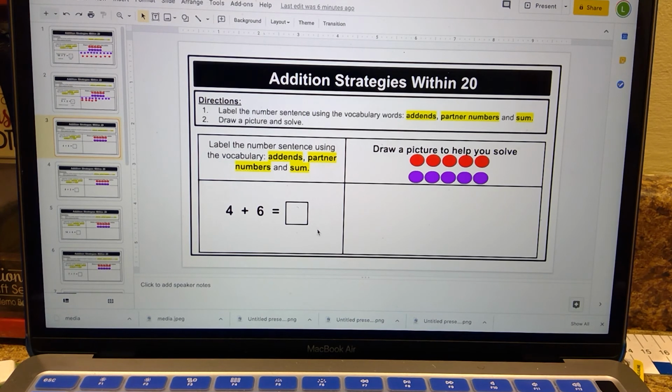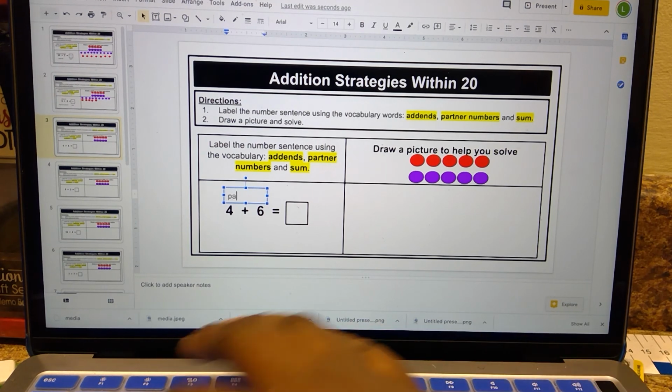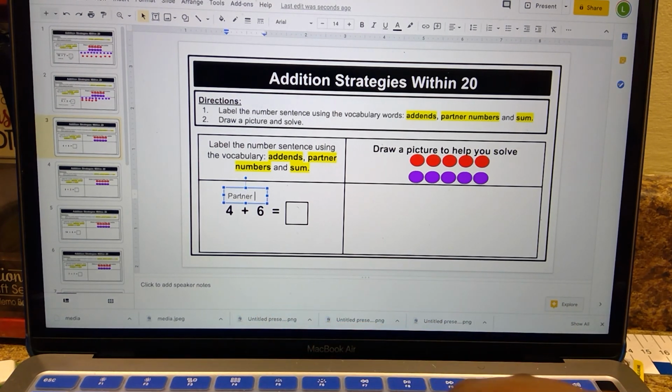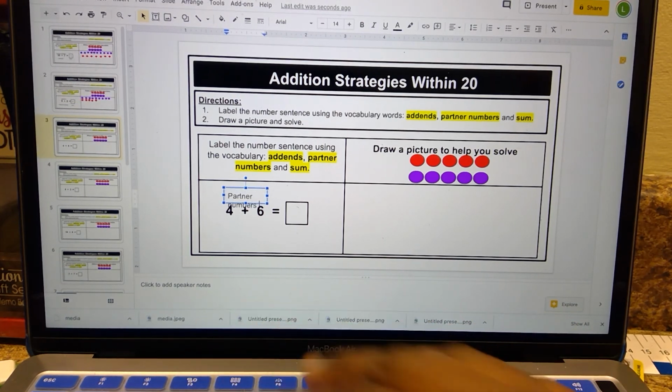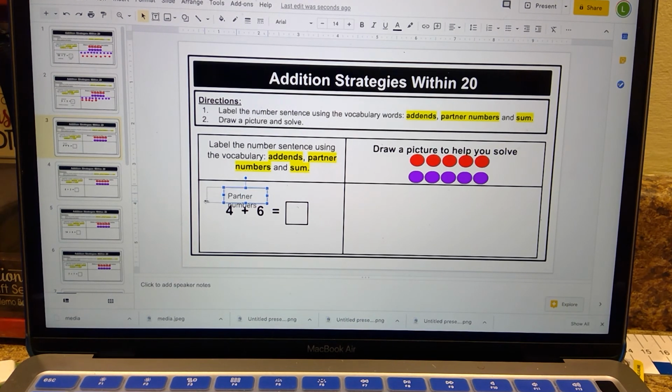All right, so now I'm going to go ahead and show you what your paper should look like, okay? Remember, partner numbers and addends can be switched around, okay? They're going to mean the same thing.